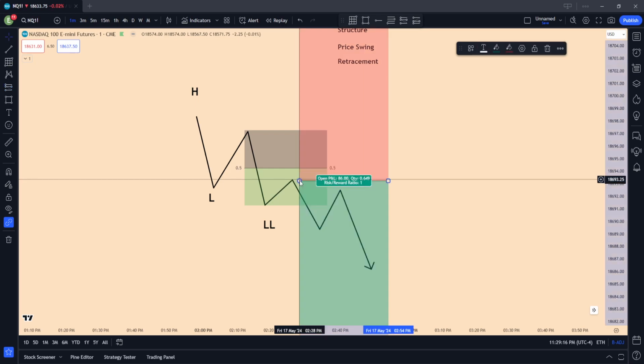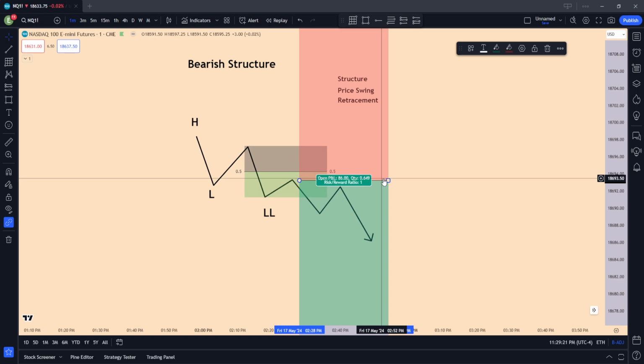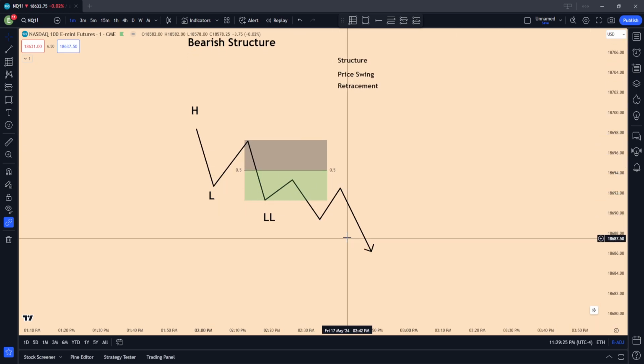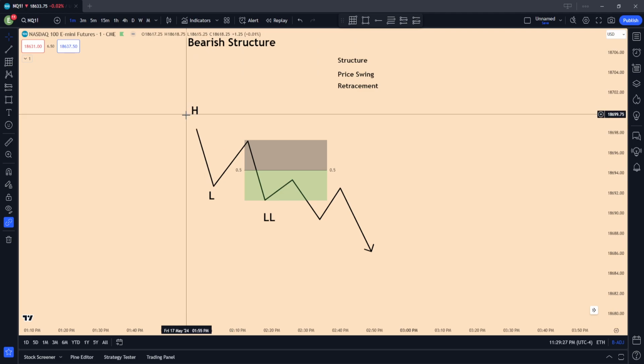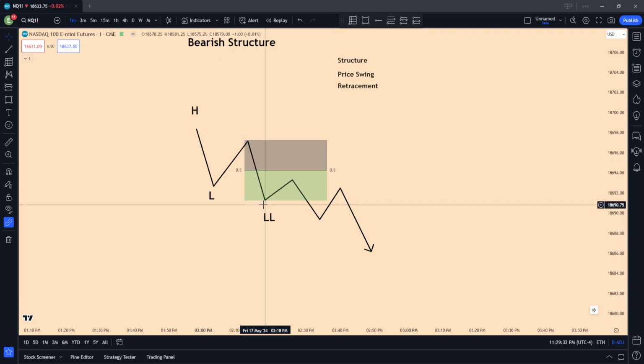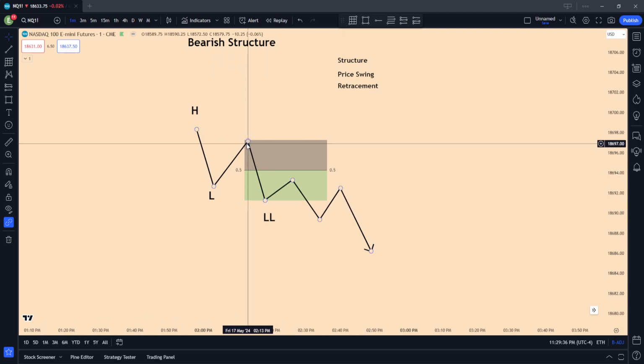If you take a short here, because you're trading the price swing, basically what you're doing is anticipating the next swing, right? So you know the price action is bearish. You have a swing here, a retracement, a swing here, a retracement, a swing here, a retracement. You want to be trading the swing. You want to take the next swing.